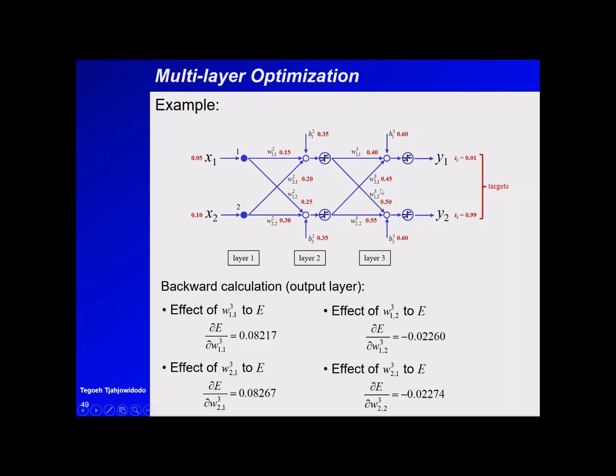For these two, W123 and W223, both of them only contribute to the second output. So the effect on the first error will be 0. You can do exactly the same as what we did in the previous slide, and then you can find the updating factor for W123, W213, and W223. This is supposed to be 223.